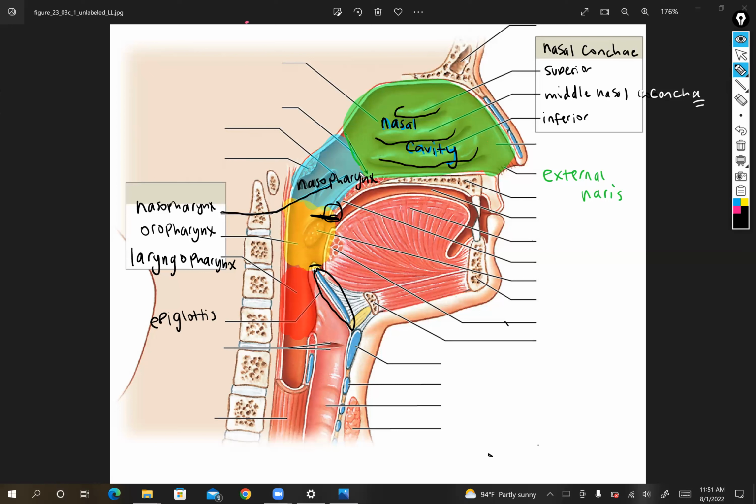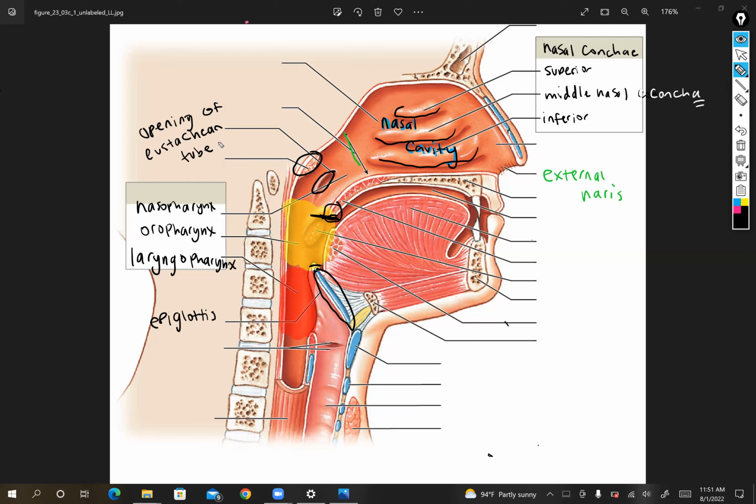I'm going to erase my highlighting here so I can point at some features of the nasopharynx. So what you'll notice is that there is a tonsil in the nasopharynx, your pharyngeal tonsil. And then there's also this hole here. And that hole is the opening of the eustachian tube.